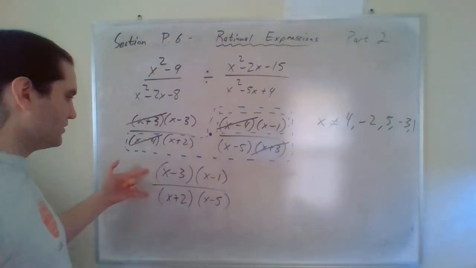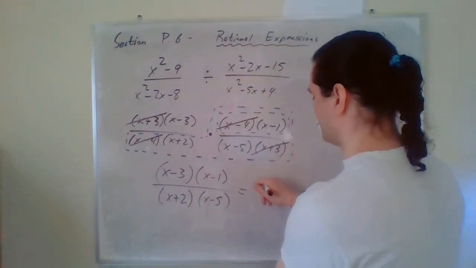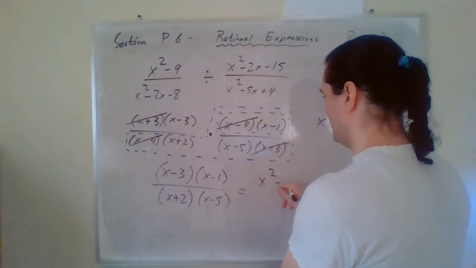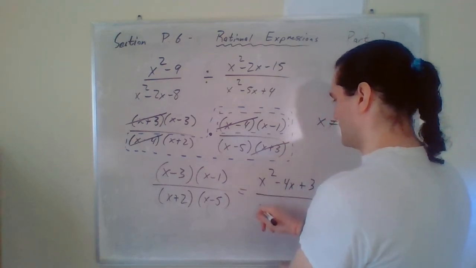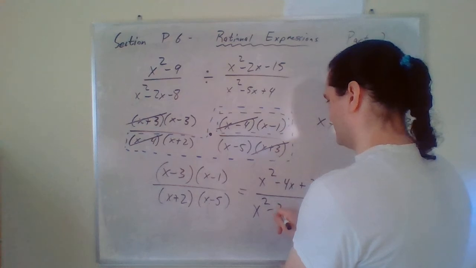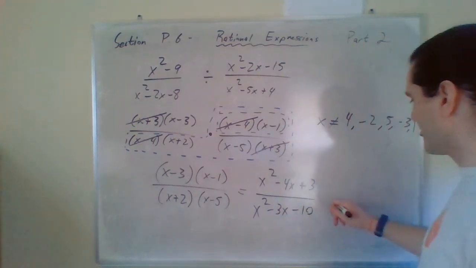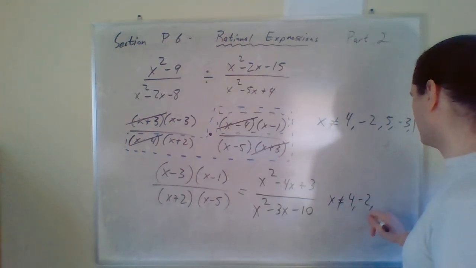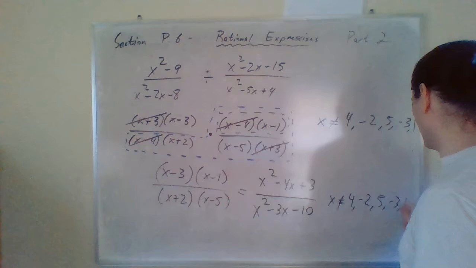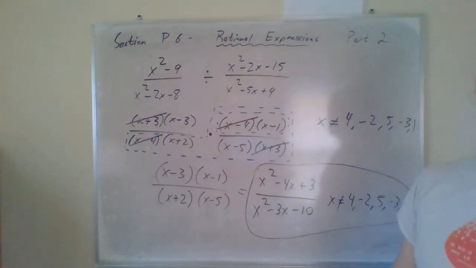And again, I think you can leave it like this. In case they want it simplified, this would simplify into an x squared minus 4x plus 3 on top, and an x squared minus 3x minus 10 on the bottom. And x still can't be 4, negative 2, 5, negative 3, or 1. And that is your answer.